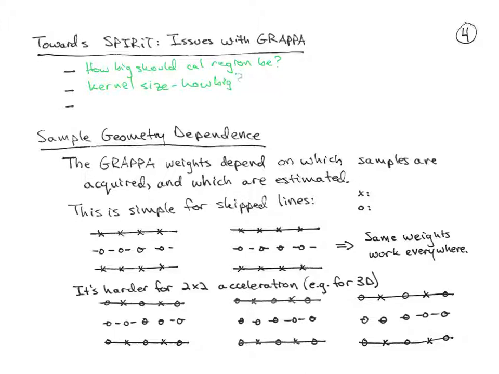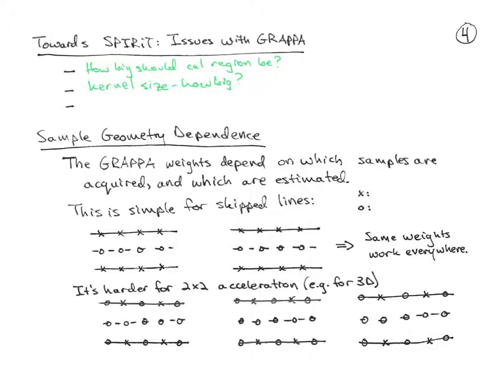These are really unintuitive parameters to set because you're working with the Fourier transforms of the coil sensitivities. If you truncate them too much, then you're not going to capture enough variation far away from the point that you're trying to synthesize. If you make it too large, then that requires a lot more computation and a much larger calibration region.